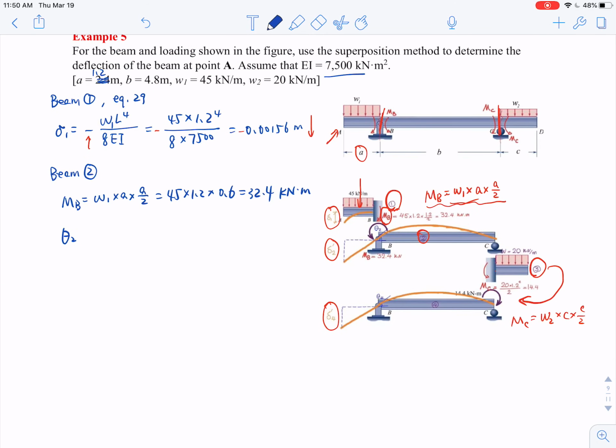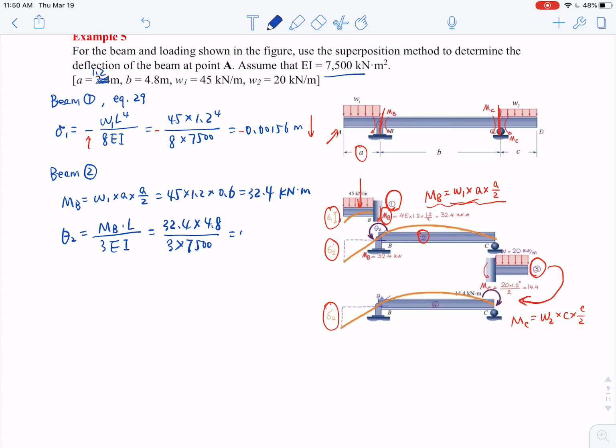So theta 2 equals, using the theta 1 equation, MB L over 3 times EI. This is 32.4 times the L here, which is BC, 4.8, over 3 times 7,500.